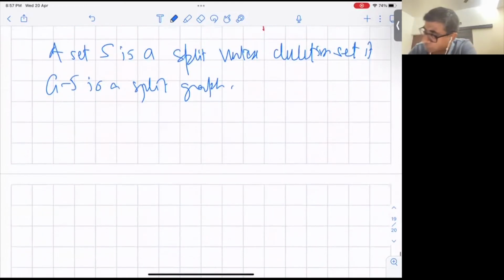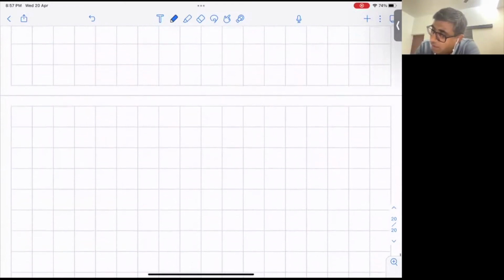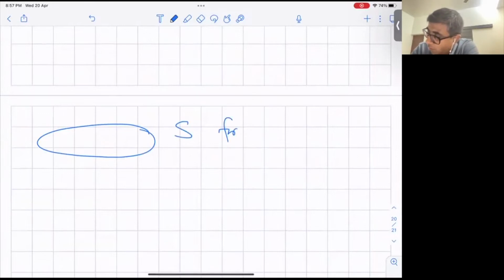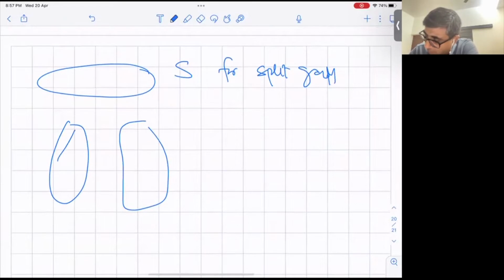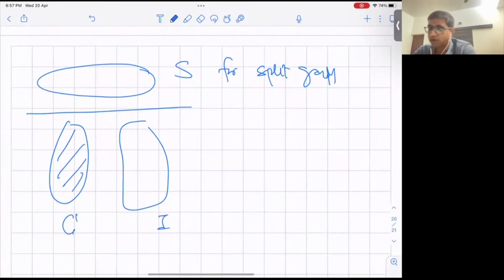Now imagine that you are given a modulator S for split graph, meaning after I delete this, what is left with me is a clique and an independent set, and this is my modulator.